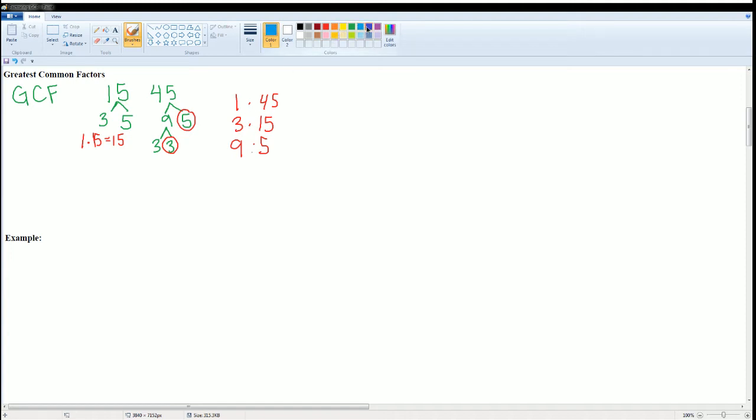Notice that the 15 and the 15 here are the same. So you would say the GCF of 45 and 15 is 15. You should remember this from your elementary school days.